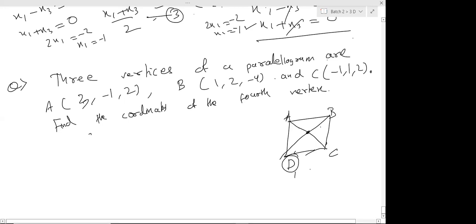Mazia, you have to find the vertex D, all right, not the midpoint. Yes, Mazia, it's absolutely correct. The midpoint is 1, 0, 2.